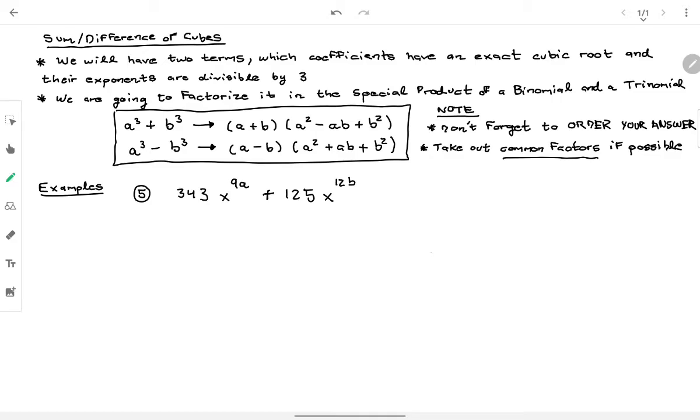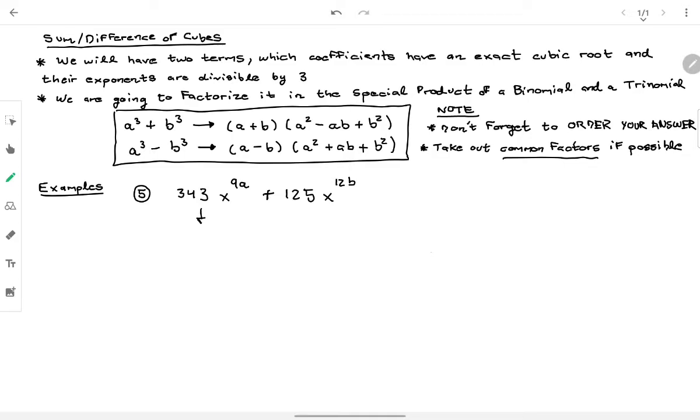So imagine we have something like this. We have letters in the exponents, but don't worry about it. Remember, if the exponent is divisible by 3, then it has a specific cubic root. So let's see. In this case, 343, 7 times 7 is 49. 49 times 7 is 343.